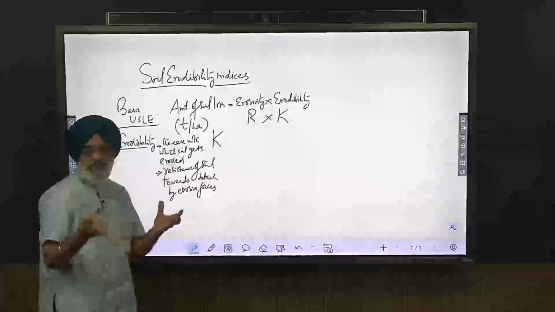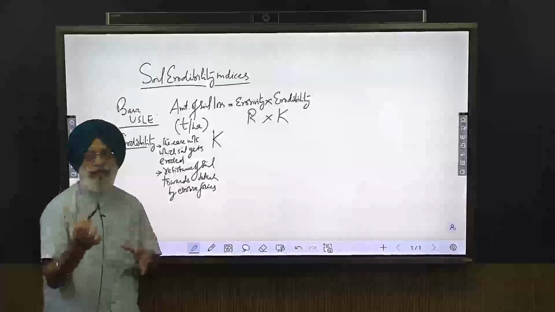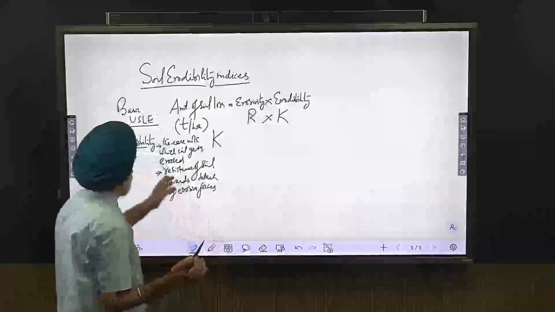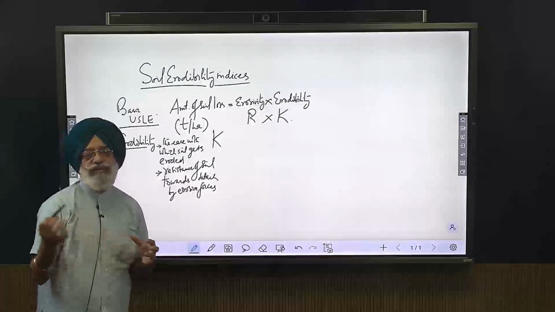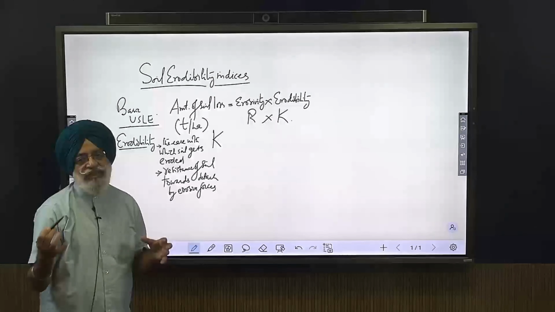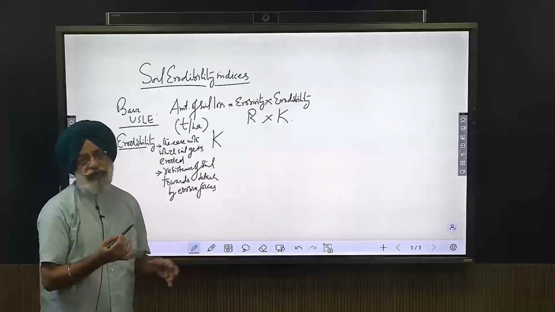If the resistance is more, erodibility will be less. Similarly, if the soil gets easily detached, easily eroded, then its erodibility will be higher. If it is not easily eroded, its erodibility will be lower.